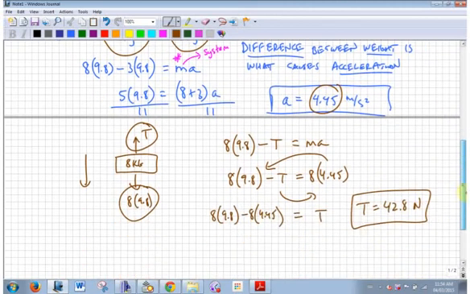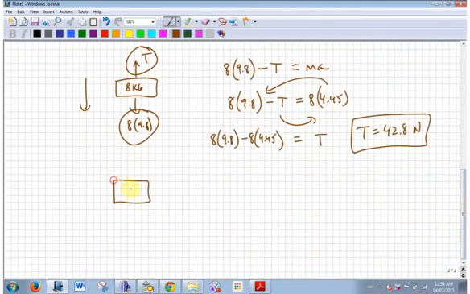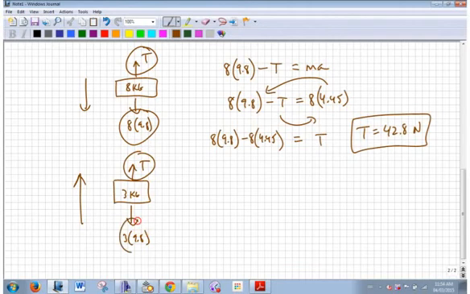Okay. Let's look at the other mass. That one's 3. I know down it's 3 times 9.8. Up its tension. Which way is this guy going though? He's going that way, which means this is bigger than that. Equals 3, 4.45.